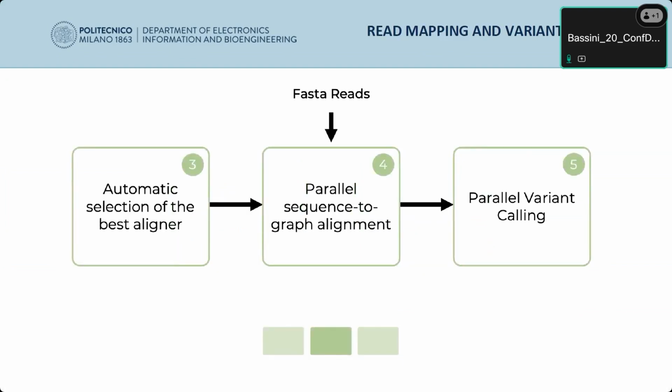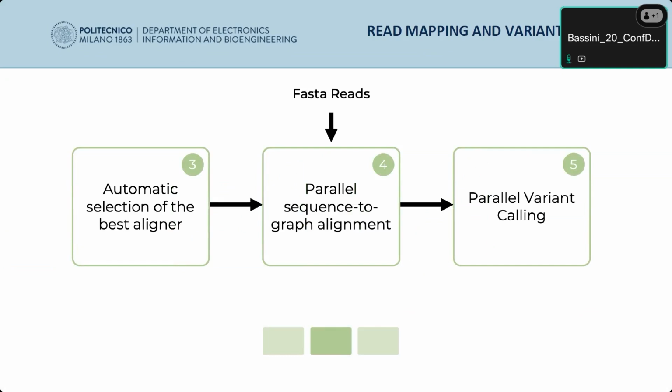Then there is the application of the best sequence-to-graph alignment tool based on the characteristics of the partition. Here we have a parallel execution of the alignment process, because we can apply the alignment over multiple partitions simultaneously, but there is also a second level of parallelism, because we can align multiple reads to the same partition at the same time.